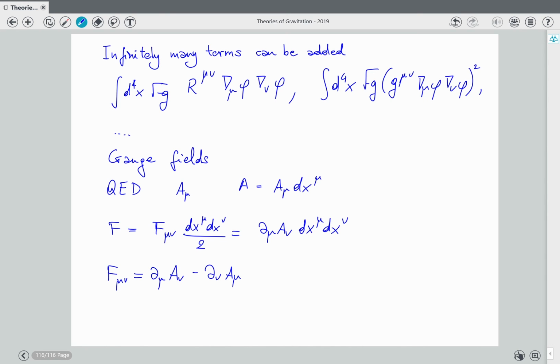These are the coefficients of a form, so you are sure that they transform in the right way. Notice there is no covariant derivative here, there is a simple derivative. But you are sure that they transform the right way because you know how differential forms transform.